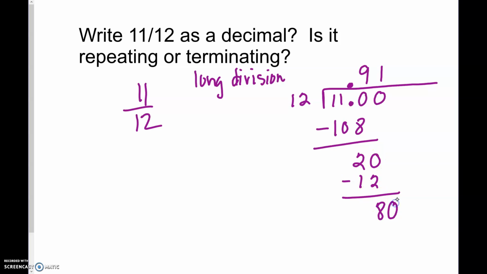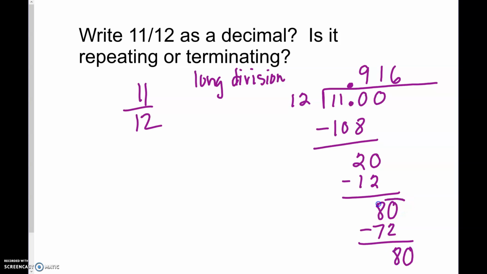So how many times does 12 go into 80? 6 times? 12 times 6 is 72. 80 minus 72 is 8, so I'd bring down another 0.